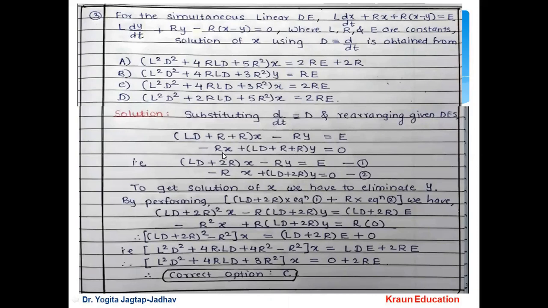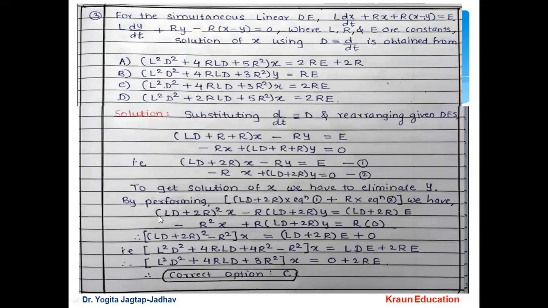Now we have to find the solution for x, therefore we have to eliminate the y variable. To make the coefficient of y the same, we multiply equation 1 by LD plus 2R and equation 2 by R. Therefore we have this system, and from it you can see the terms of y get cancelled.